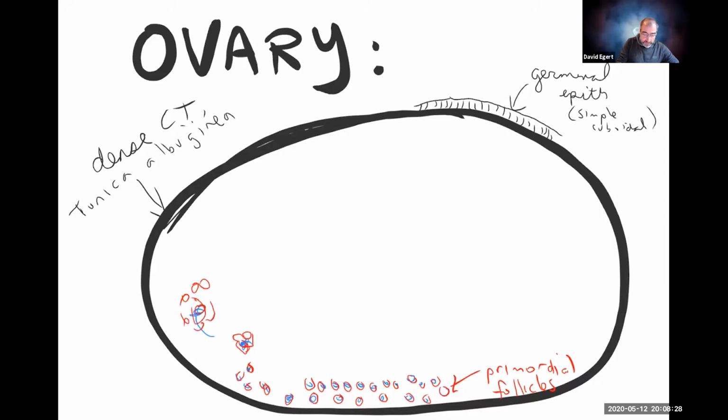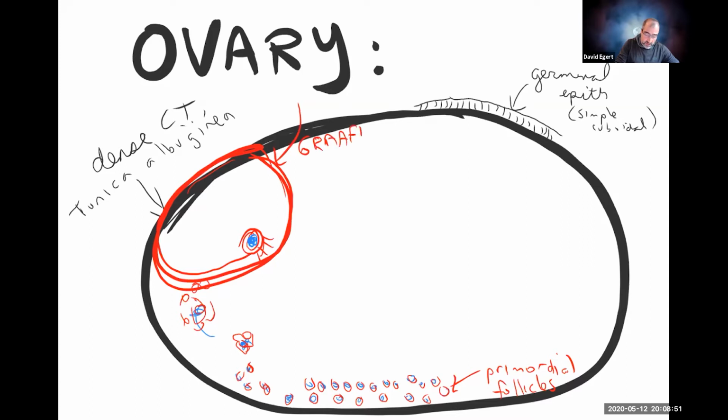And finally, we have this whole big thing. The Graphian follicle is sitting on the side of the ovary. Again, literally like a little blister. I think it's like a half centimeter across or so. So here's my Graphian follicle.